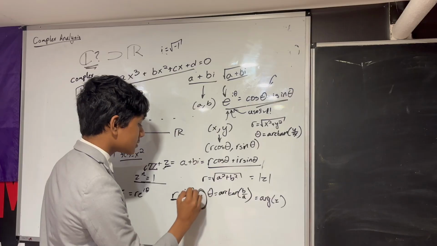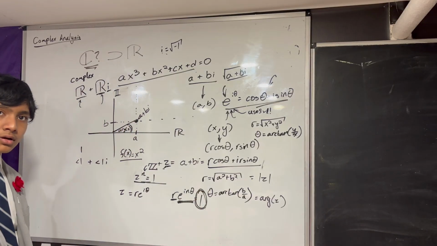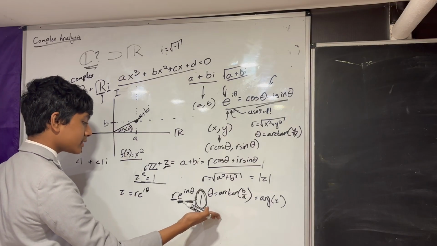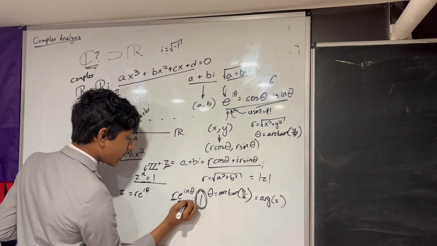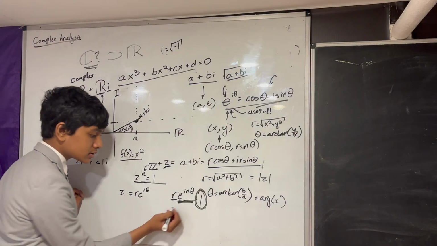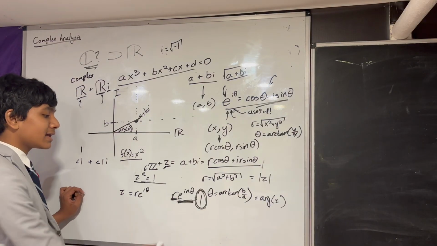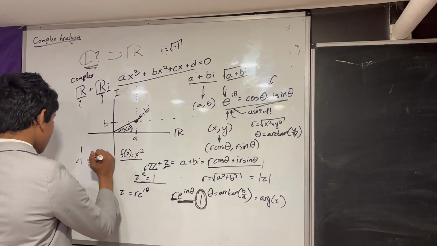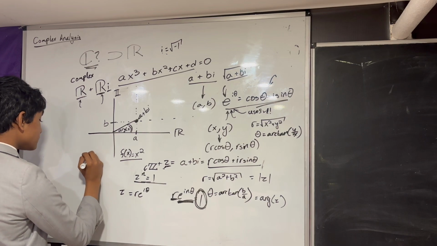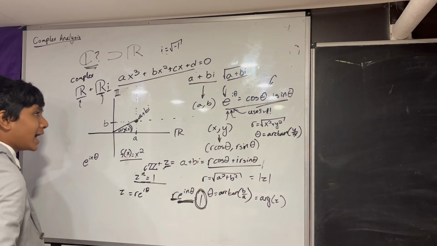But do you see this? That's totally real. 1 is a real number. There's no imaginary component. Which means that e to the i n theta better have no imaginary component either, because r has no imaginary component to cancel it out. So when does e to the i n theta have no imaginary component?